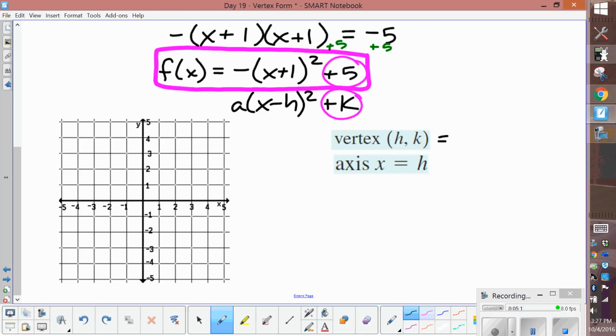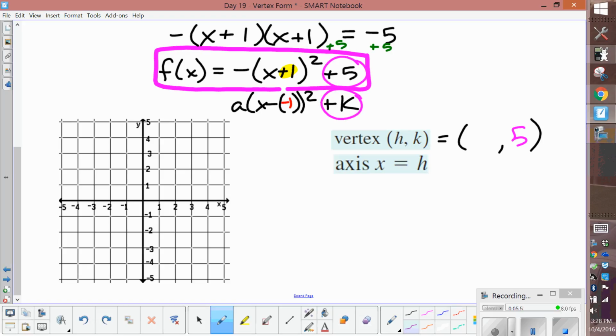So if I were to make some coordinates here for my vertex, the k value would be 5. And in this scenario right here, again, this is going to move my parabola left and right. Negative is part of the formula. And the only way I could have produced a positive 1 up here is if I plugged in a negative 1 right here and subtracted the negative.